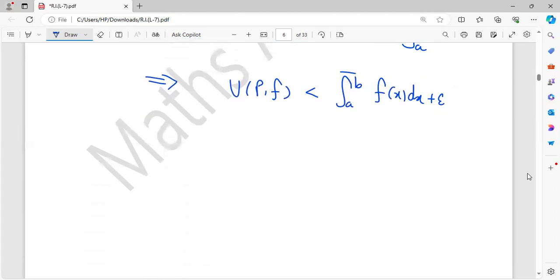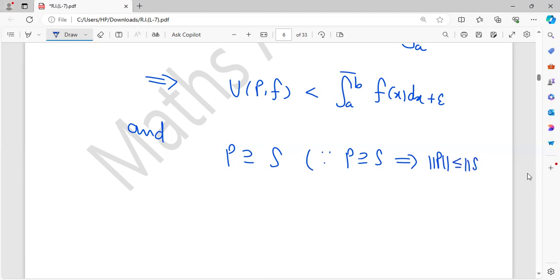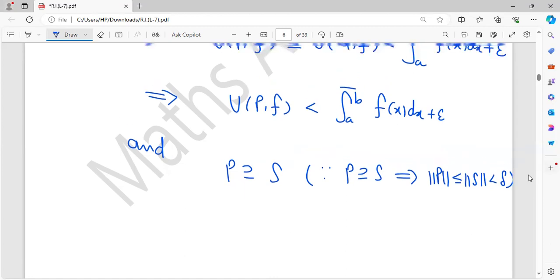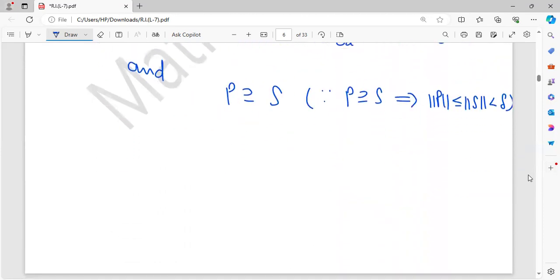Similarly, P contains S. Since P contains S, the norm of P is less than delta, because the norm of a superset is always less than that of the subset. And when we take a superset, L(P, f) always increases.